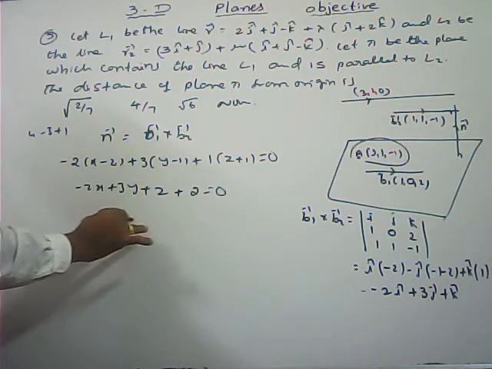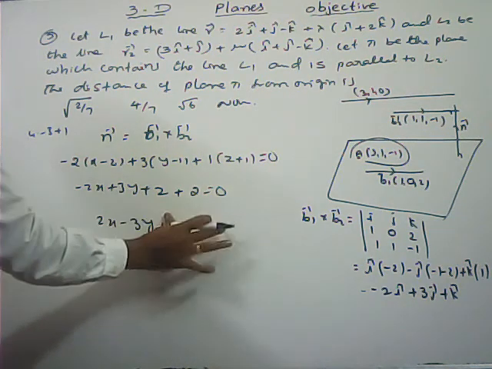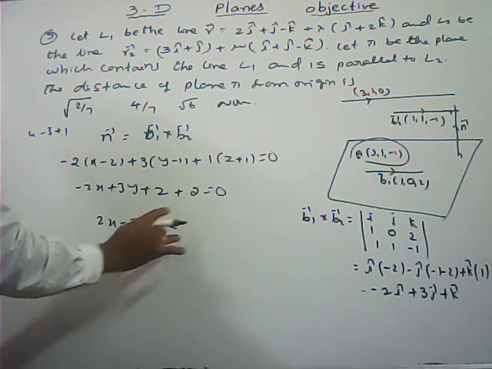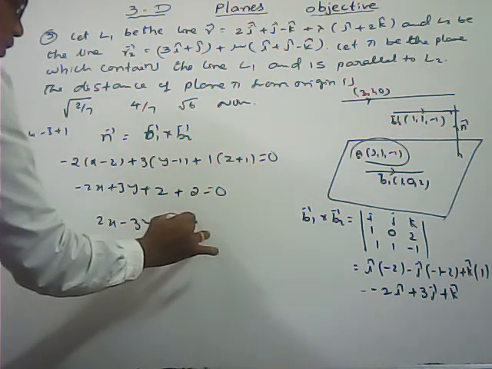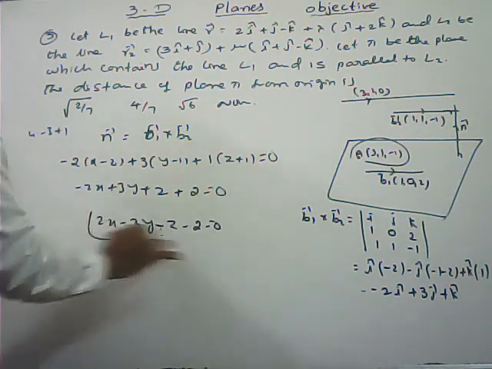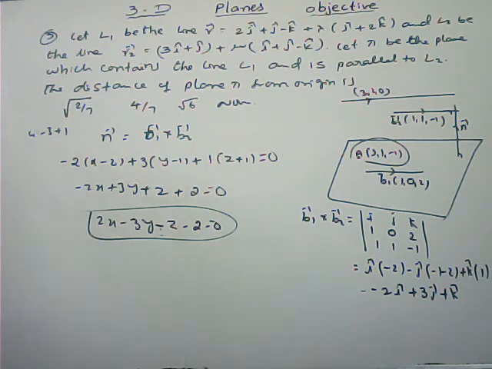Otherwise 2x minus 3y minus z minus 2 equals 0. This is the equation of the plane in Cartesian form.